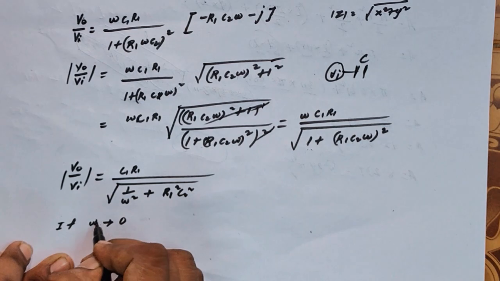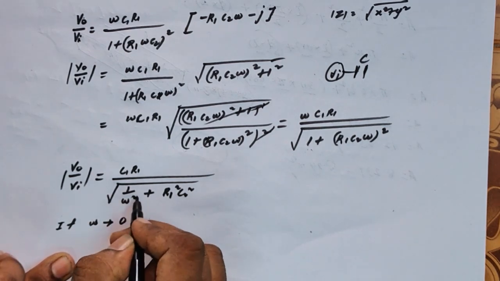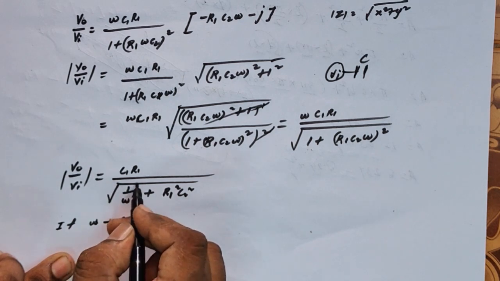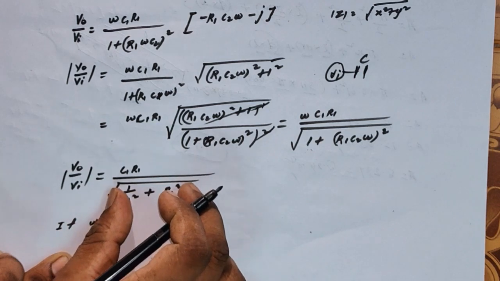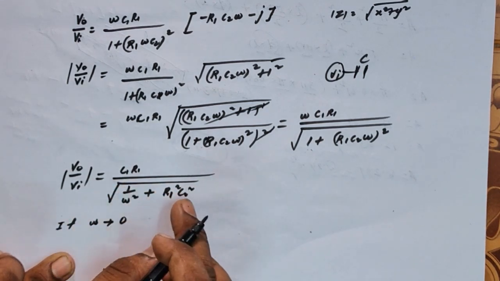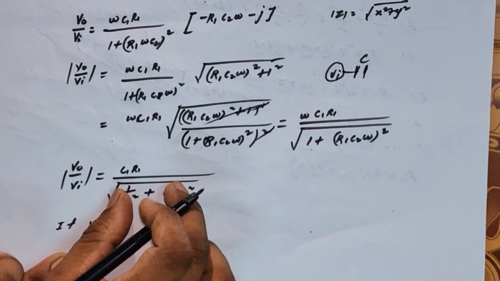So if the frequency of the applied voltage approaches 0, then 1 by 0 goes to infinity. So the whole denominator approaches infinity, because compared to this 1 by 0, which is infinity, the other term will be negligible, and the whole term will be infinity. Anything divided by infinity goes to 0.